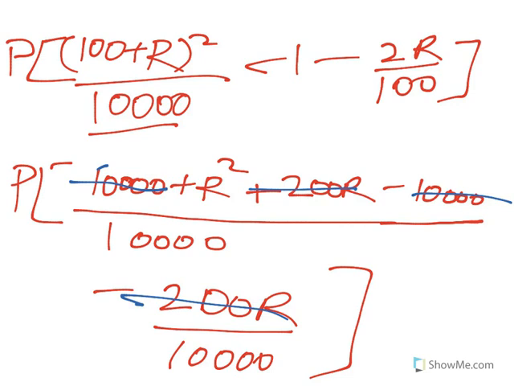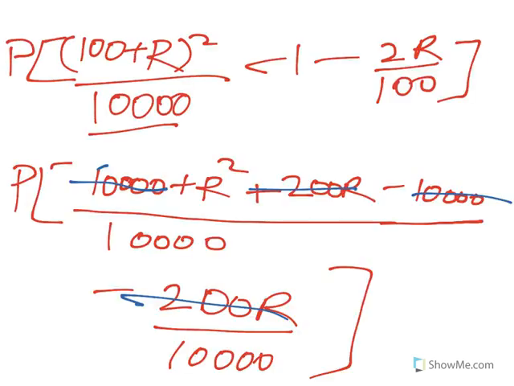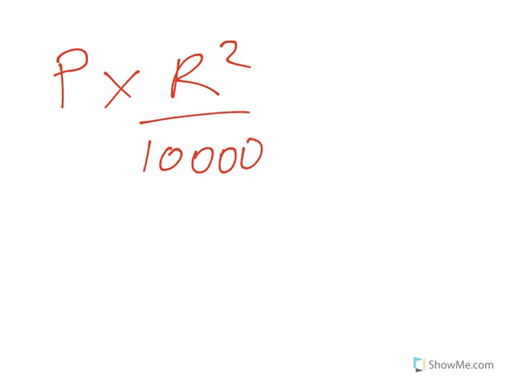Let me just finish this. What I end up with is something really interesting. I have the P from the outside, an r square on the inside, and 10,000 down here.